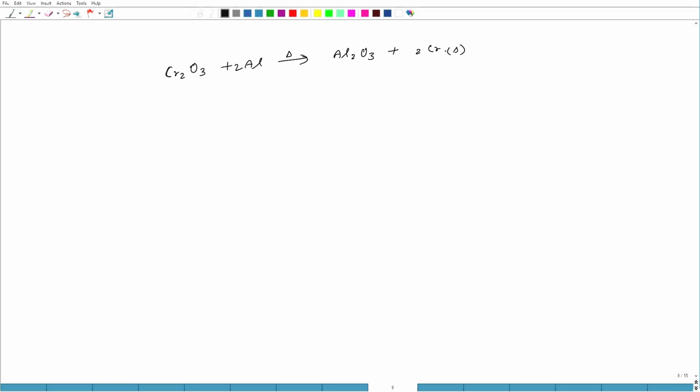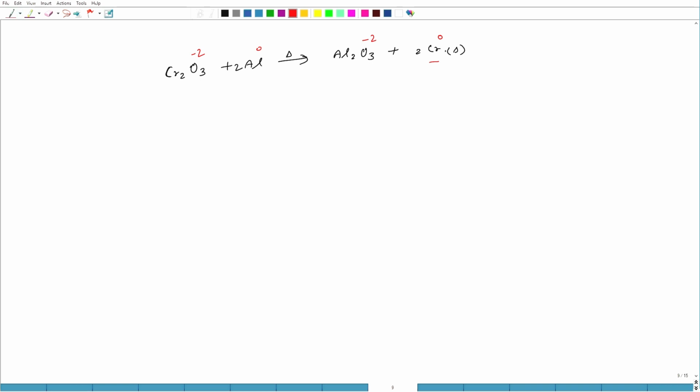Now, in this reaction, let us calculate the oxidation numbers. For aluminium it is 0, elemental form, chromium 0. To calculate for oxygen, we know oxygen is -2. Most of the times oxygen is -2 only, in oxide form, unless it is mentioned that it is peroxide or superoxide.